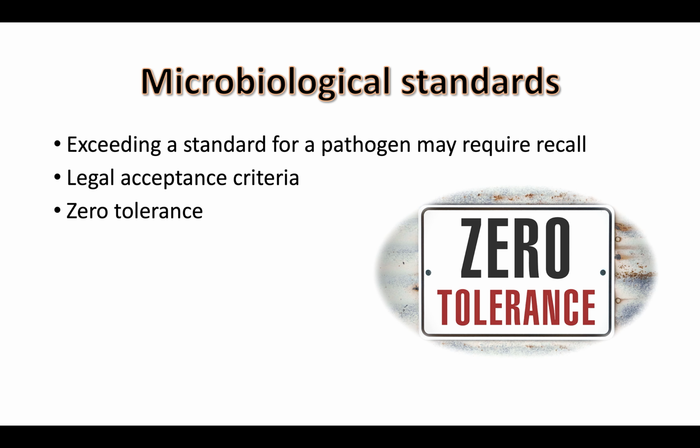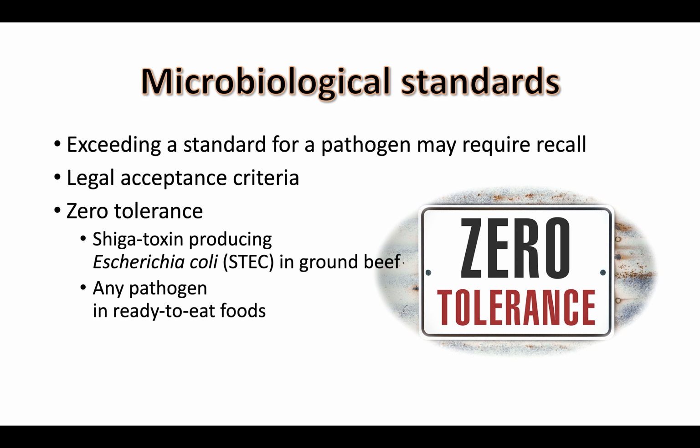Many of these microbiological standards are zero tolerance for pathogens. Examples include Shiga toxin-producing E. coli in beef and any pathogen in a ready-to-eat food. This means if you have a positive test result for these pathogens in these products that you must recall.